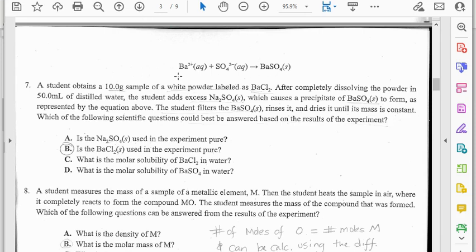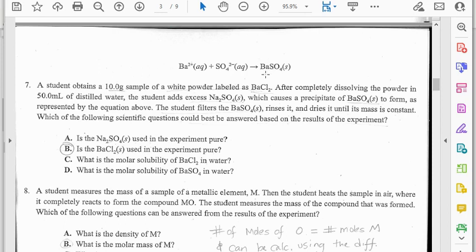So what they're saying is, if you add the BaCl and the NaSO4, this is a net ionic equation. So what's going to happen is the Ba is going to grab a hold of the SO4 here. That's going to come out.